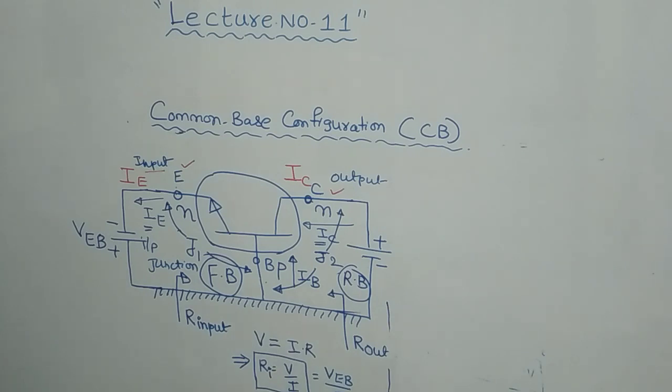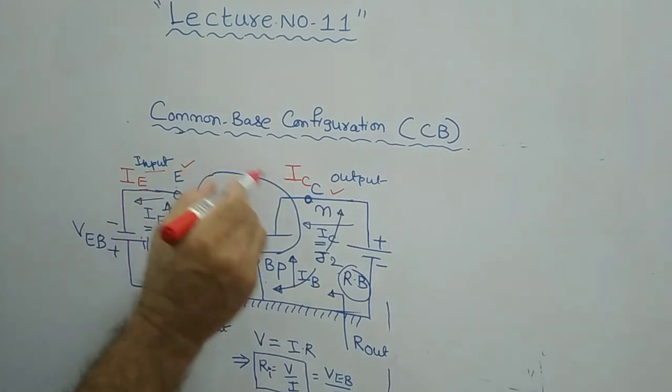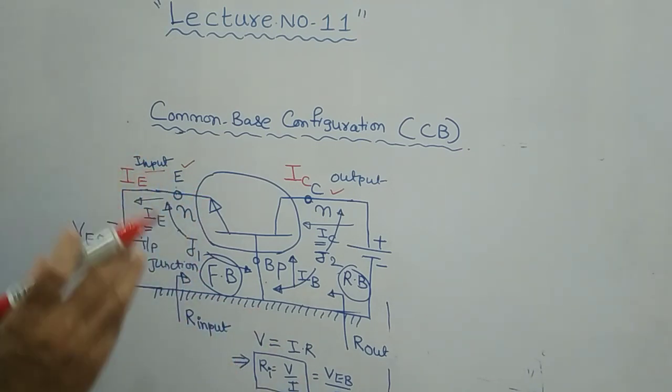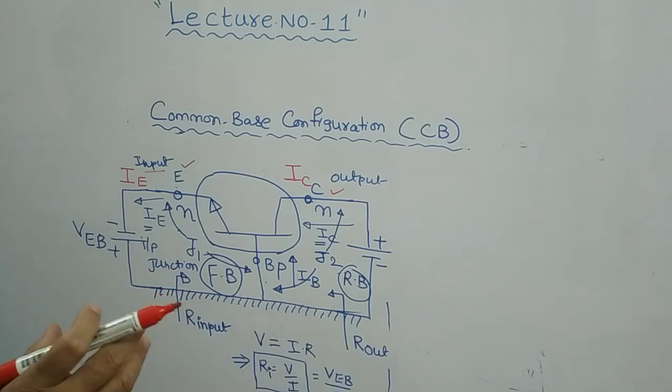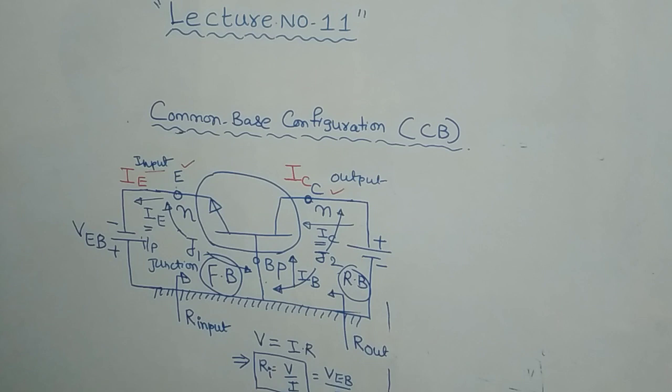If you connect the biasing voltage like this, then only the transistor will work as an amplifier. That is a very important condition for a transistor, right? The input junction must be forward biased, whereas the output junction must be reverse biased. That is a mandatory requirement for a transistor to be operated as an amplifier.